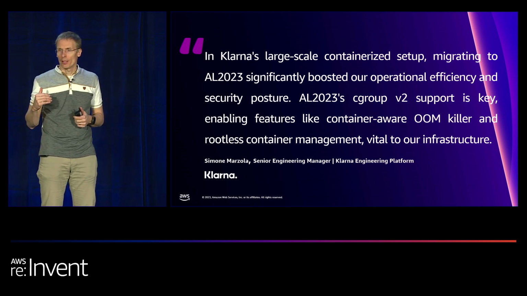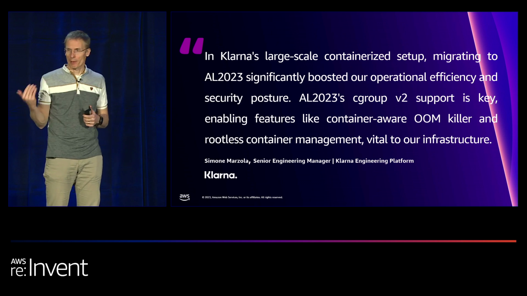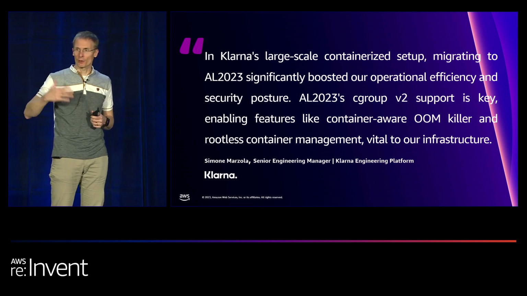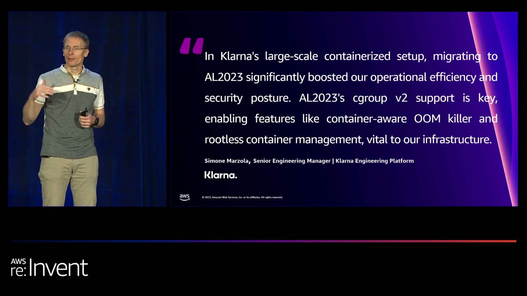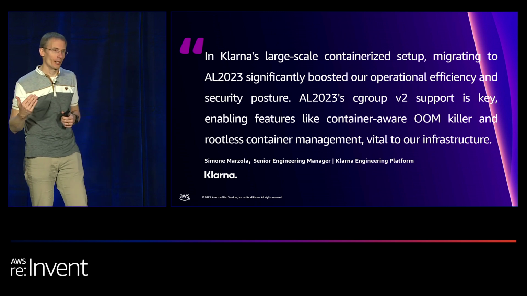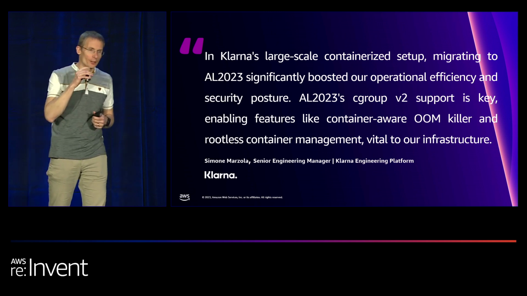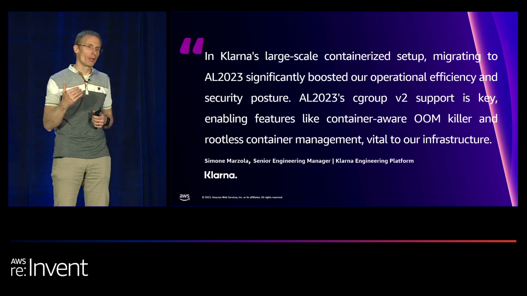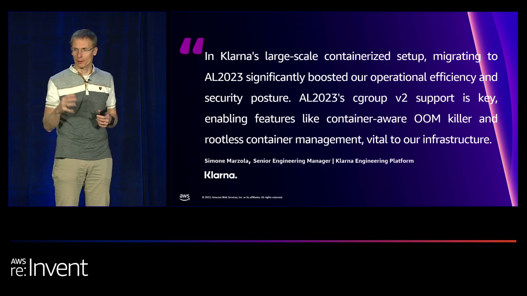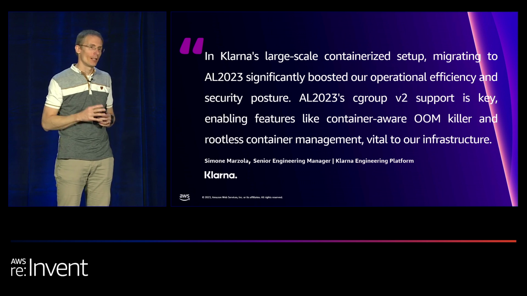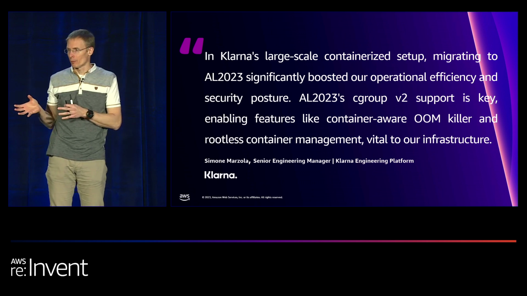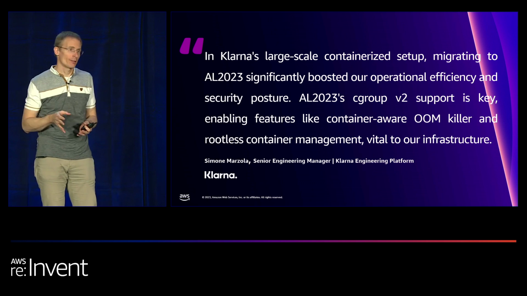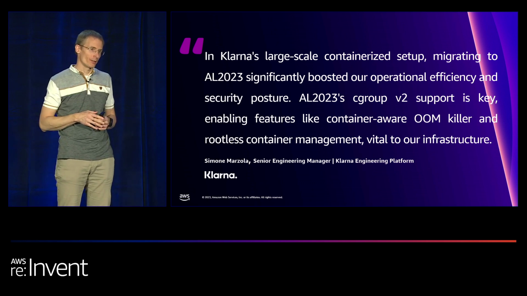If your instance runs out of memory because your applications are consuming so much memory that the kernel can't fulfill the requests anymore, there is some logic in the kernel that assumes something is going really wrong and you have a rogue application or a rogue process in your instance that is consuming way more memory than it should. And what it does, it kills that process.